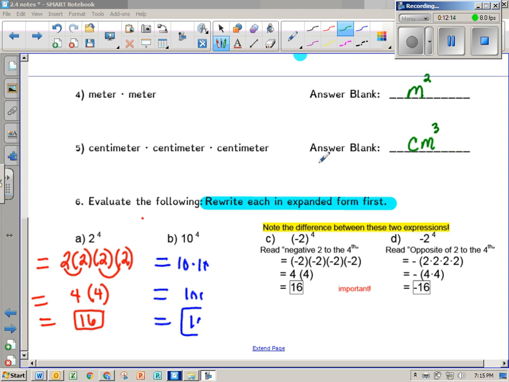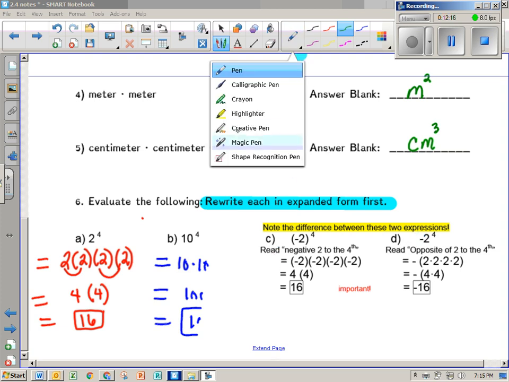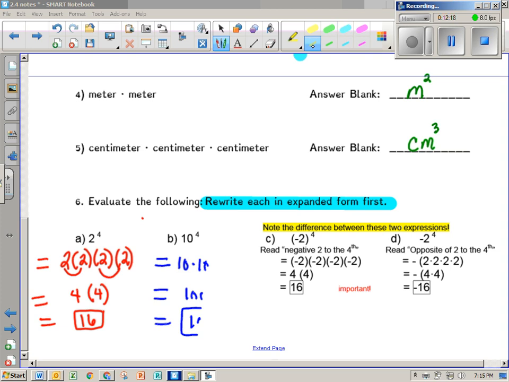Notice I've written underneath it. Let's highlight that actually, because that's important. Right here it says this one is not even read the same way. This one is read -2 to the 4th power. However, as much as students would like to read this one this way, that would be absolutely incorrect.